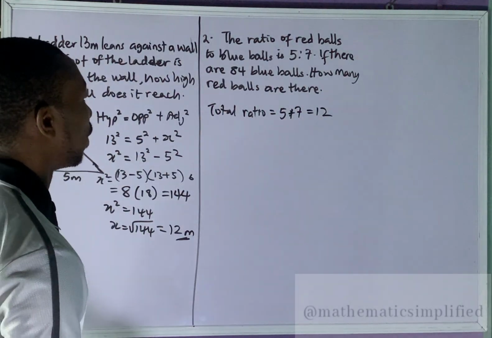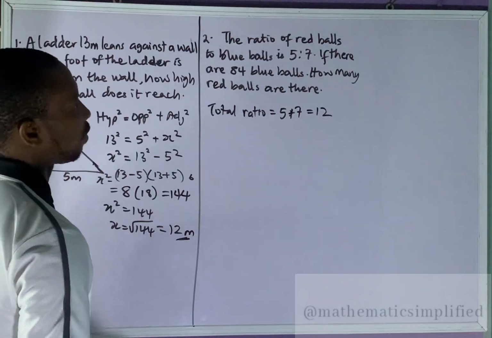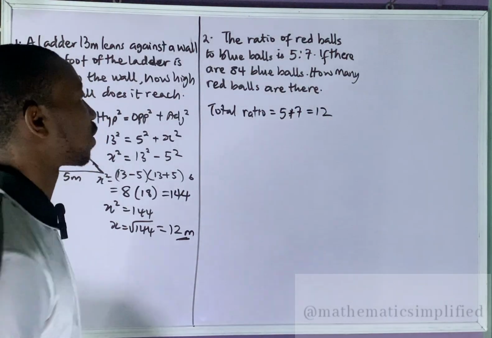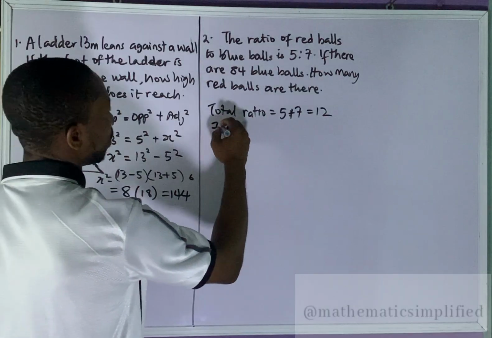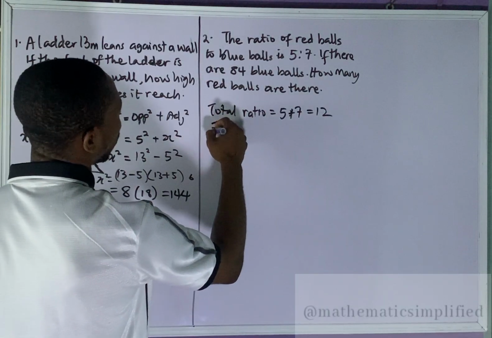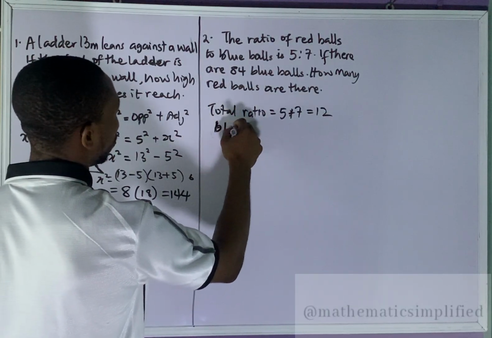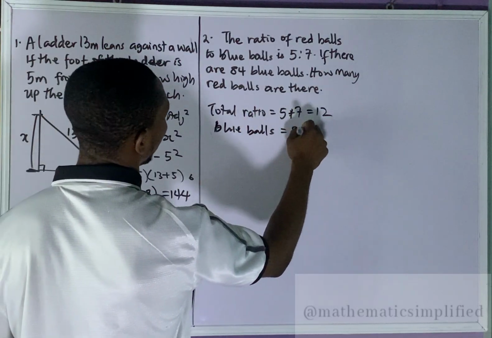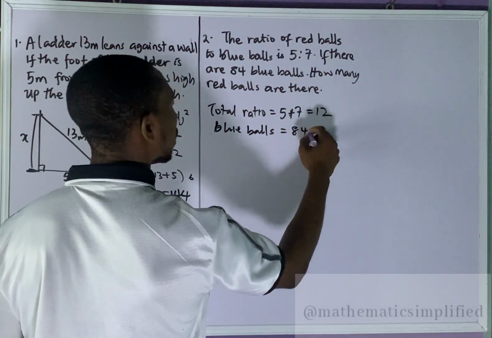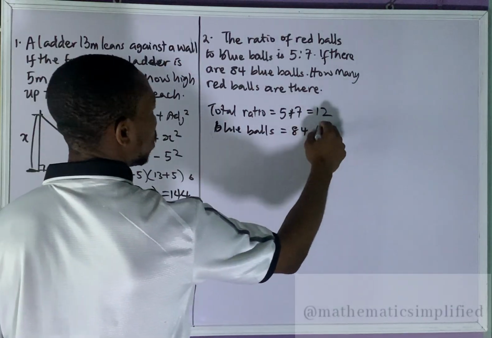Okay. Now, 7 portions out of 12 gives us 84 blue balls. So 7 for blue balls. Okay, let's say blue balls equals 84, which is 7 portions.